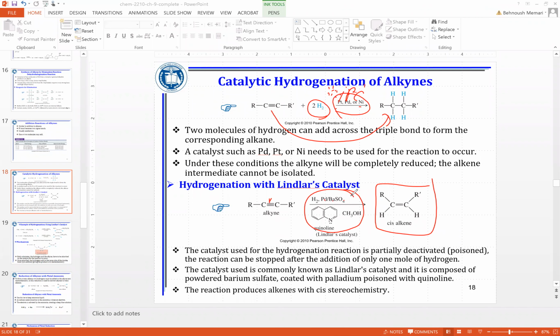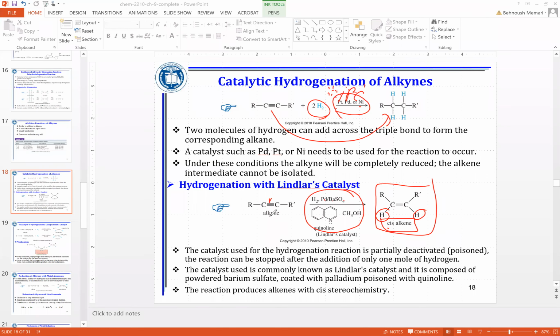If you're not poisoning, full saturation will happen. But if you poison it, you are going to get only one of the pi bonds broken, 2 hydrogens added, and you would get alkene. Specifically, you are going to get cis alkene.